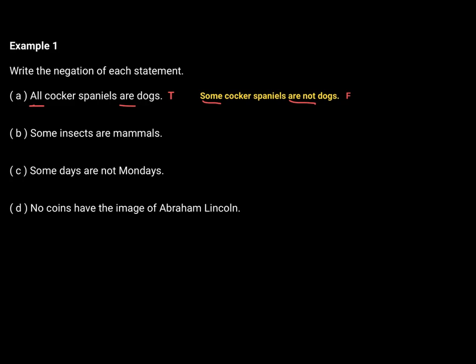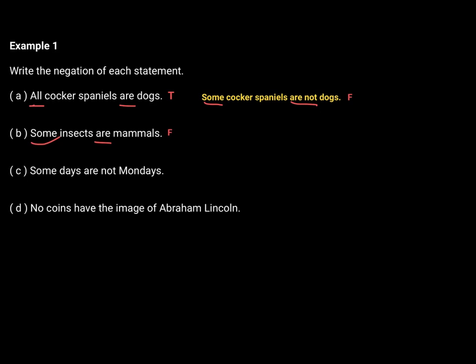Let's go to the next one. Some insects are mammals. Again, the quantifiers here are some are. Some insects are mammals. Okay, this is a false statement, which means that its negation must be true.